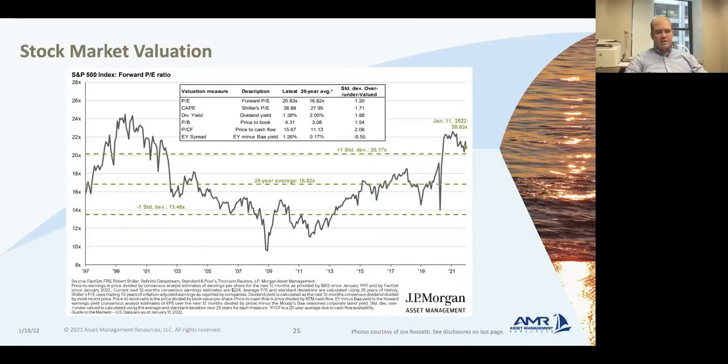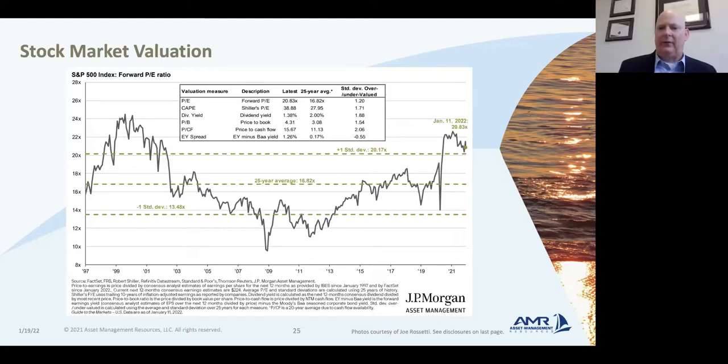Yeah, the only thing I would add is, this is a 25-year average, and for at least the first 5 to 10 years, we were more of a bricks and mortar economy, and today we're more of a bytes and bits economy. What does that mean? Well, that means that you have less capital expenditure costs, and you have higher margins, and perhaps you can more justify a higher multiple.